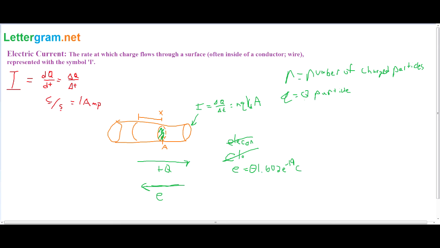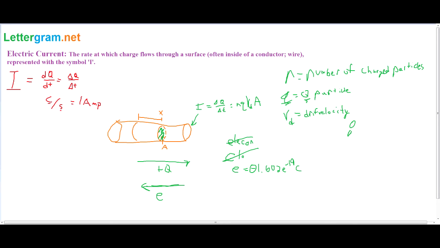Usually Q means the total charge, but in this case we're doing individual charges. I would just like to make that note. I just used Q in this case as the charge. vd is equal to the drift velocity, which is essentially the velocity of the particle flying through the system.